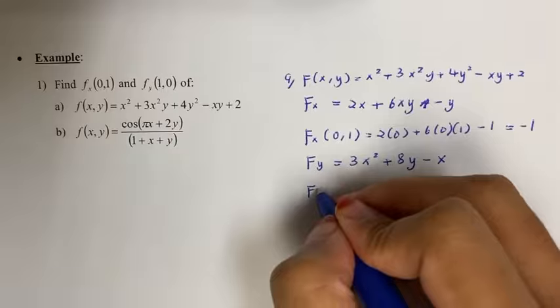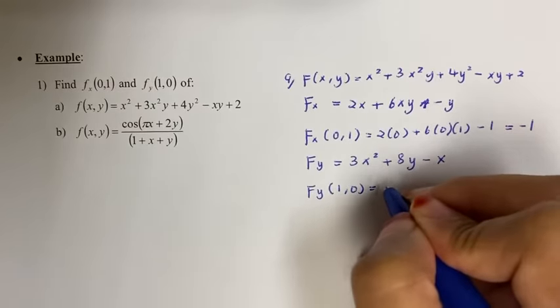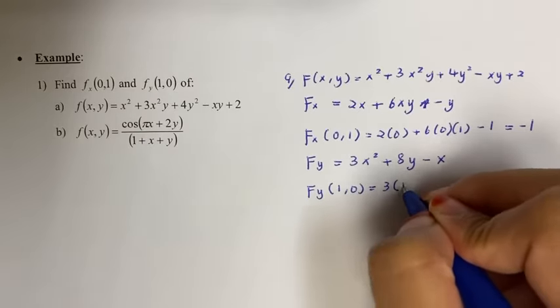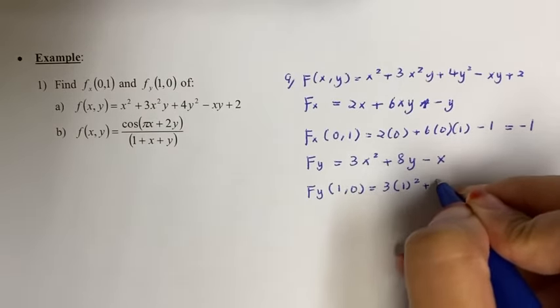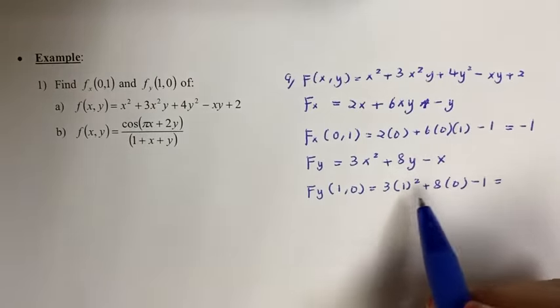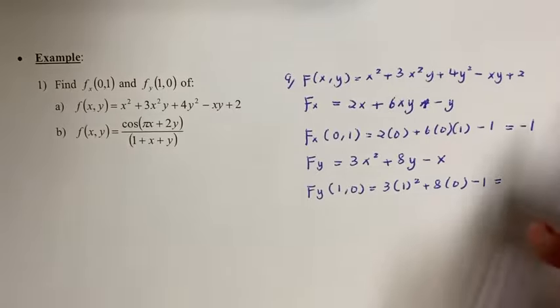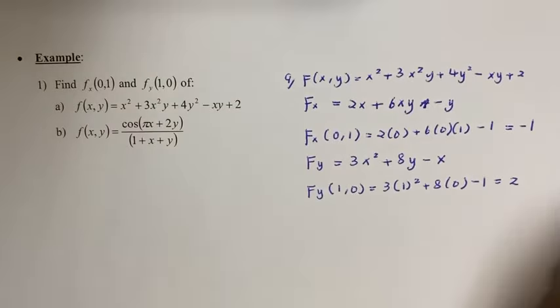And then find what is fy(1,0). So for this one, you have 3 multiplied by 1 square plus 8 multiplied by 0 minus 1. So from here, 3 multiplied by 1 square is 3, this is 0, minus 1. You have 2. Okay, so this is for A.